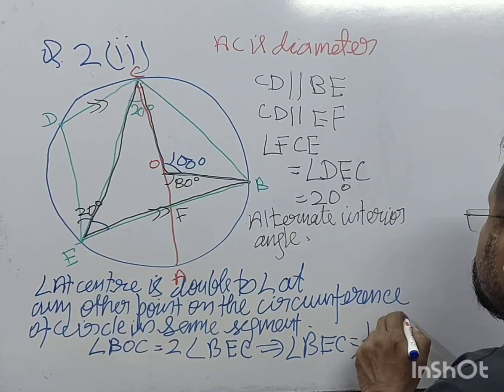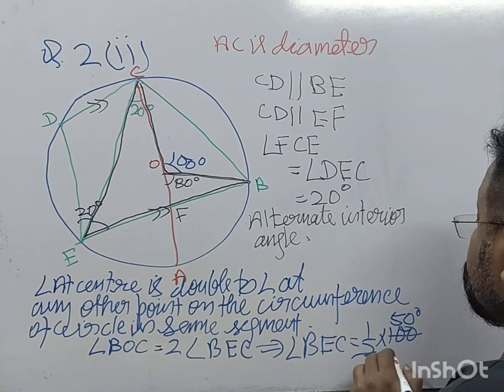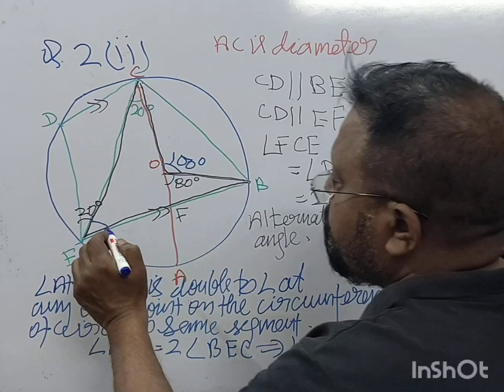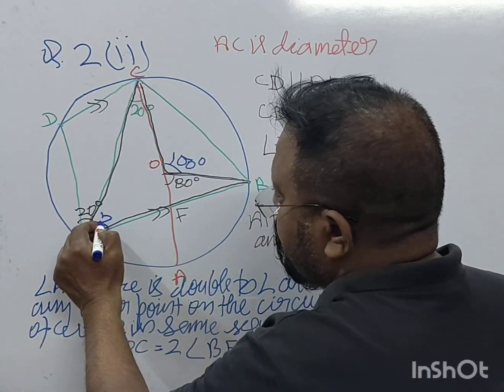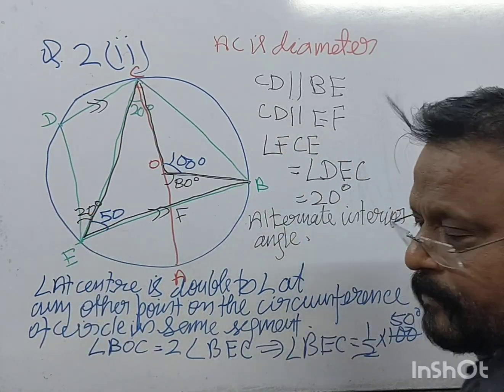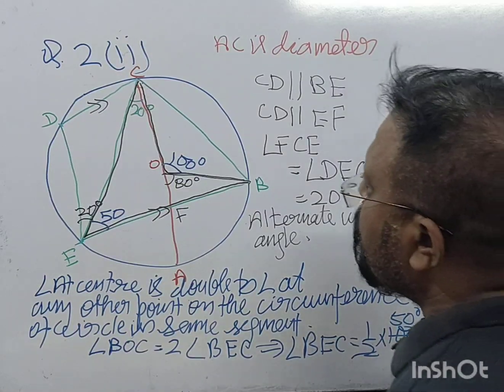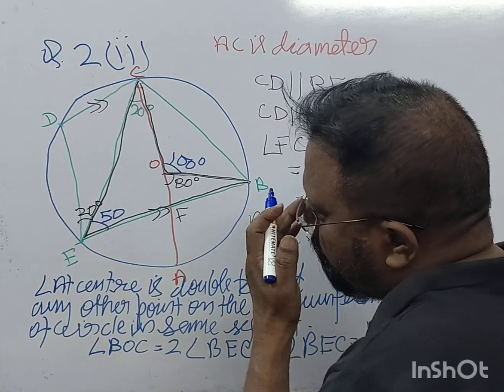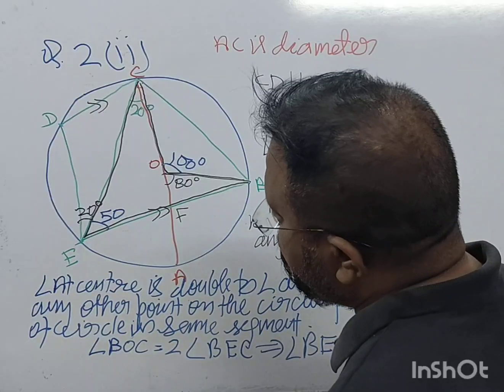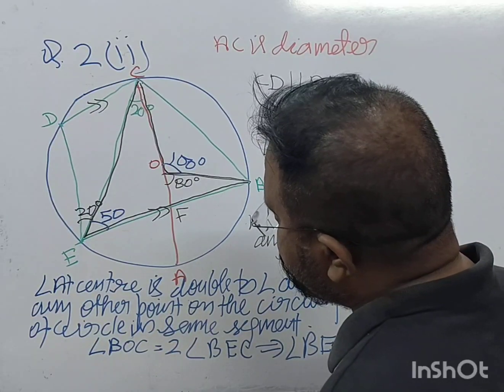It becomes 50 degrees. So this angle is of 50 degrees. And when this angle is of 50 degrees, then what happens?